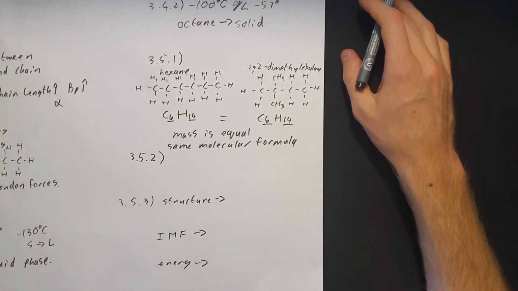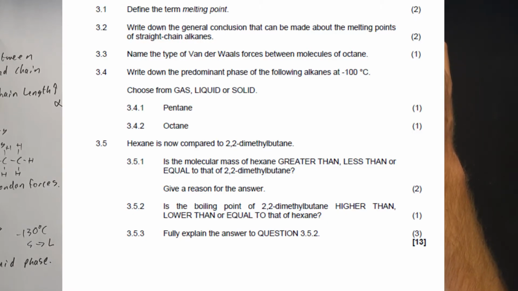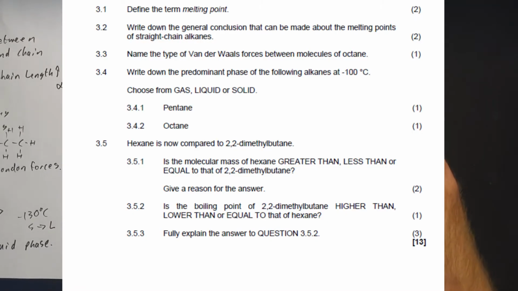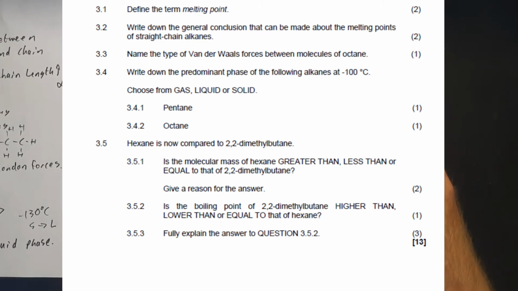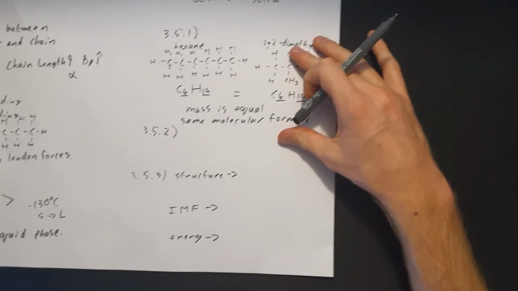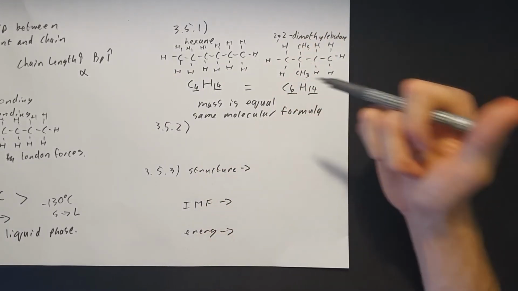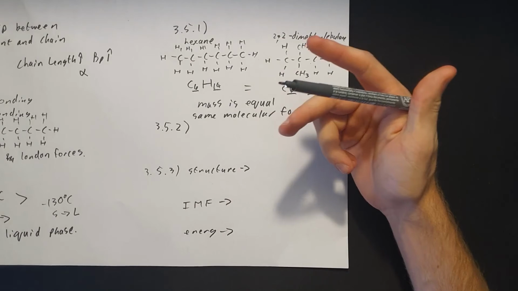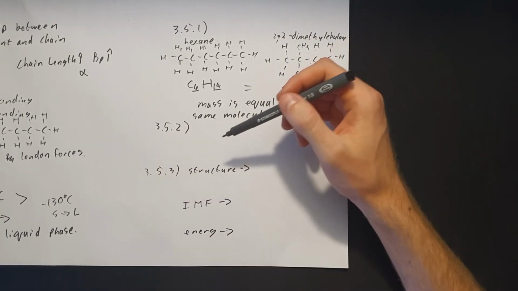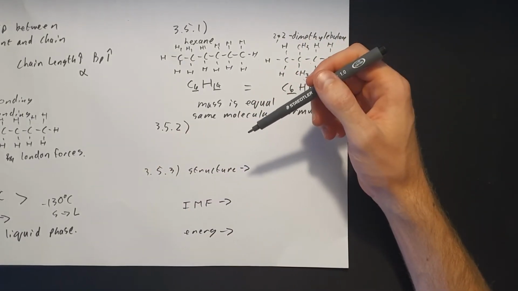Okay, now 3.5.2 it says, is the boiling point of 2,2 dimethyl butane higher than, lower than, or equal to hexane? So how do we determine this? Normally we'll first look at the structure, the intermolecular forces, and then the energy. Because if you look at 3.5.3, it says fully explain your answer.